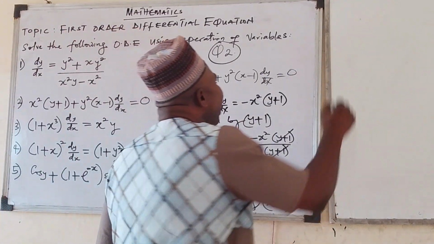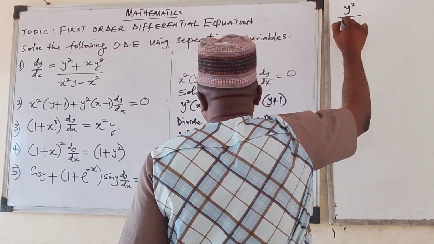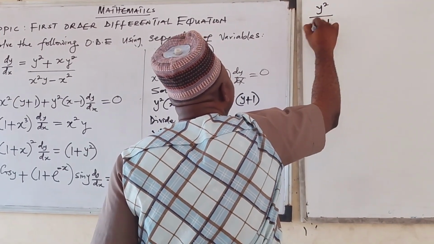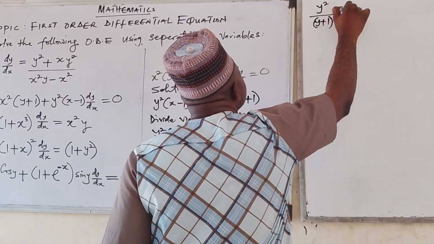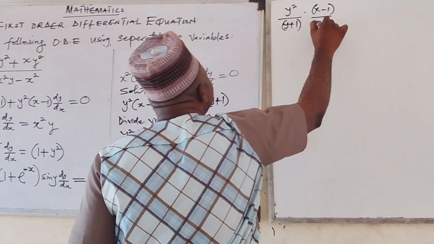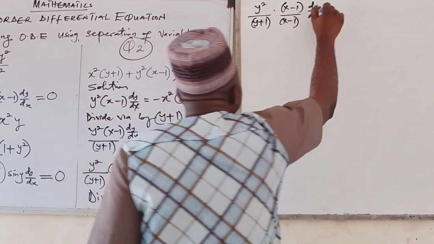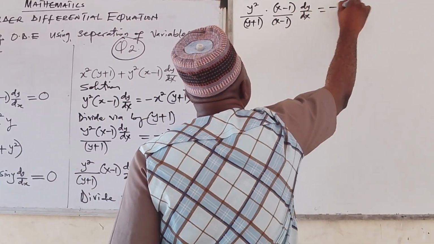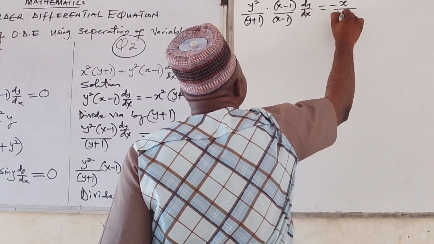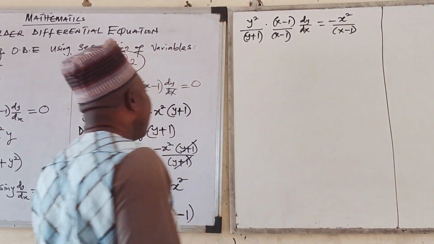So it means here we have y squared all over y plus 1, here we have x minus 1 divided by x minus 1, dy over dx is equal to minus x squared all over x minus 1.